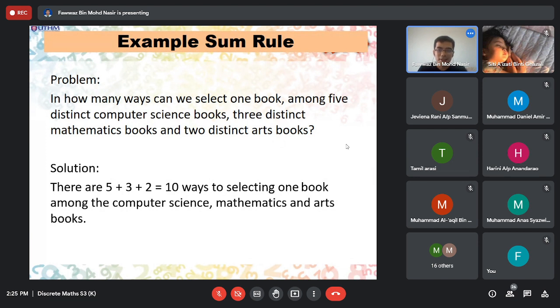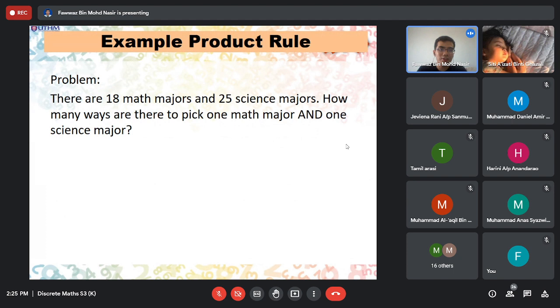Okay, kemudian untuk the next example, there are 18 math majors and 25 science majors. How many ways are there to pick one math major and one science major? Okay, so dalam kes ni dia nak kita select one each from the math major dengan the science major.